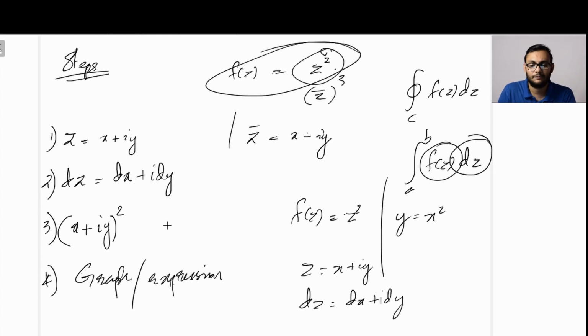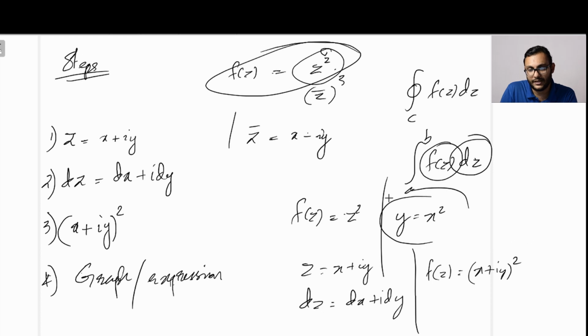In the third step, we substitute for z square, that is, f of z is equal to x plus iota y the whole square. And in the next step, we substitute y is equal to x square instead of y. That is, we can rewrite f of z is equal to x plus iota into, instead of y, x square, the whole square.